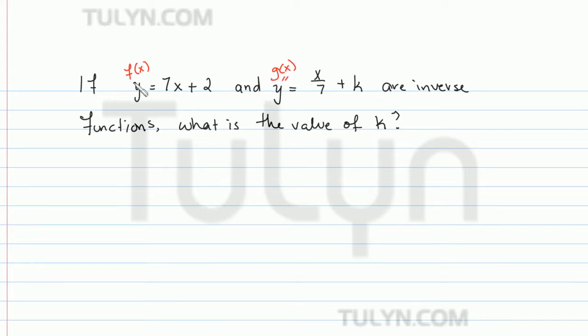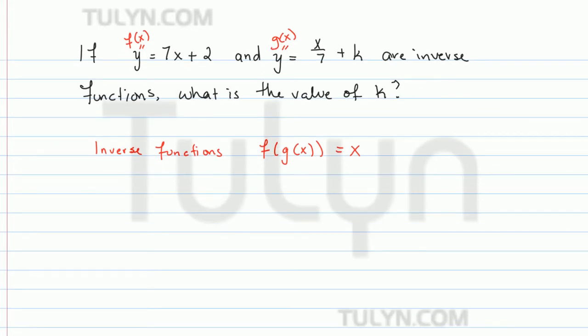And I want to use the property of inverse functions that f of g of x has to be equal to x. So now see what's going to happen. If you take f of g of x, that's this function f of x where all the x's are replaced with g of x, right?